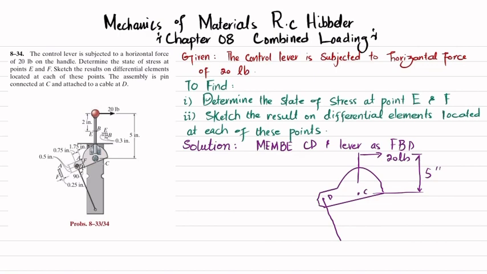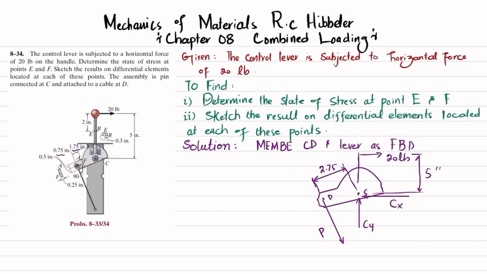At point D you will have a cable force acting downward. Let this be force P. When you remove this pin support, you will have a reaction force in the Y direction, let this be Cy, and in the X direction, Cx. The distance between point D and point C is 0.75 plus 1.75.